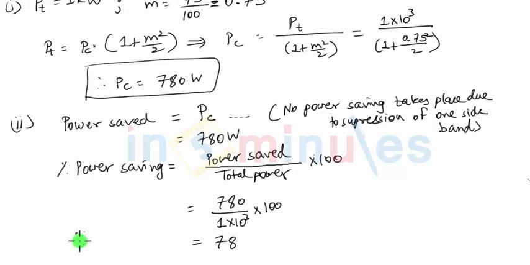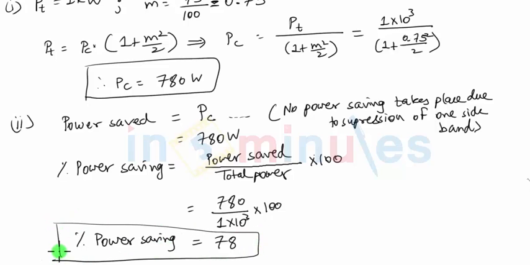So percentage power saving is equal to 78. 78% of power will be saved if I suppress the carrier signal, and no further power saving will be possible because suppression of one of the two sidebands will not result in any power saving. So that's the answer to the second part of the question.